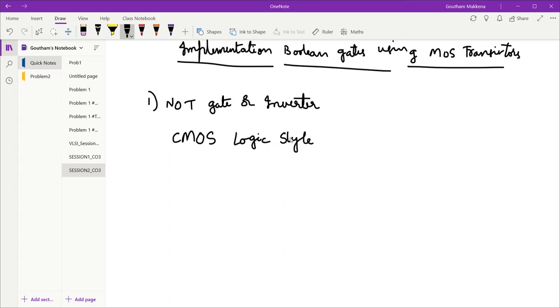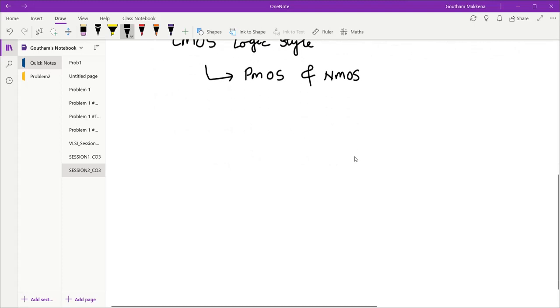Okay, so very important. In CMOS logic style, we'll be using both PMOS transistors and NMOS transistors. So the general structure of CMOS logic style is something like this. This will be VDD. Near to VDD, we have a network called the pull-up network.